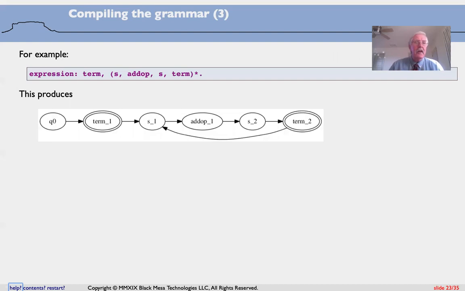That makes up the transition function of the finite state automaton. So for the rule, expression is term followed by 0 or more occurrences of the sequence S, followed by addop, followed by S, followed by term, we get a finite state automaton that looks a little bit like the image shown here.